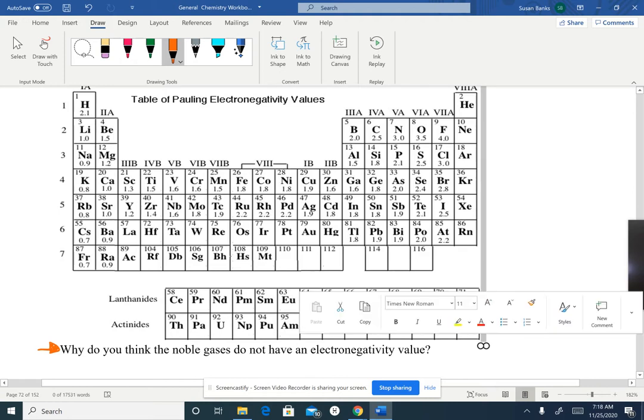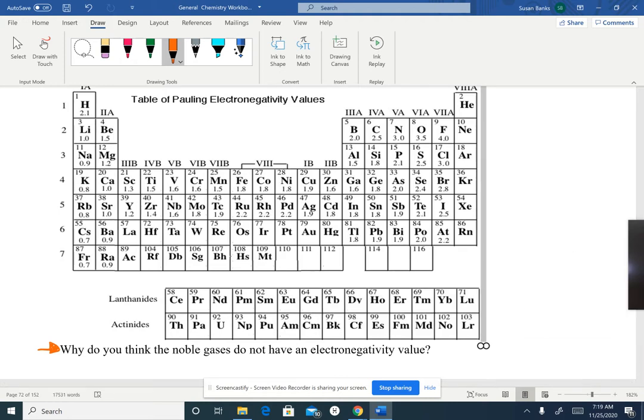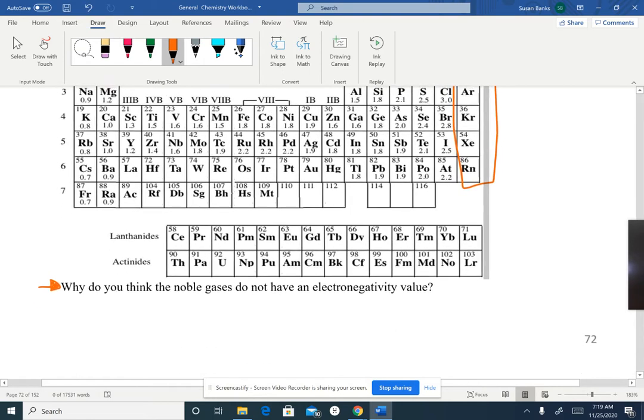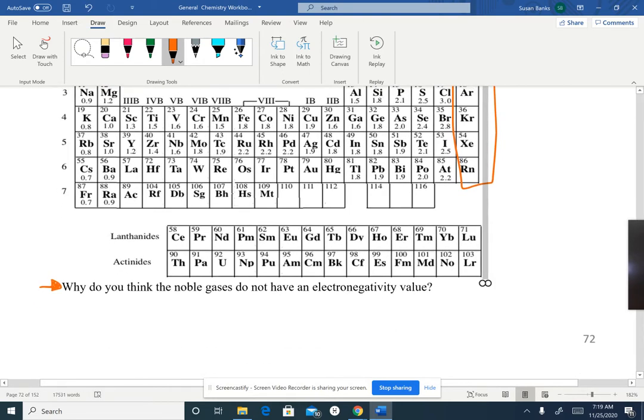Remember when we defined electronegativity? Electronegativity is all about attraction of electrons within a bond. Do the noble gases make bonds? No, they don't react. So because they don't make bonds, they don't have electronegativities.